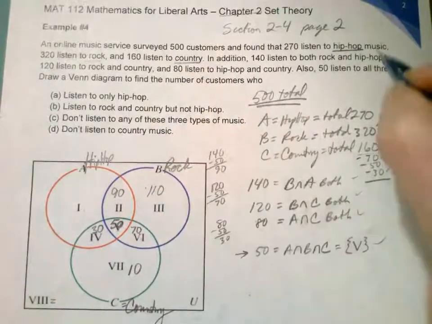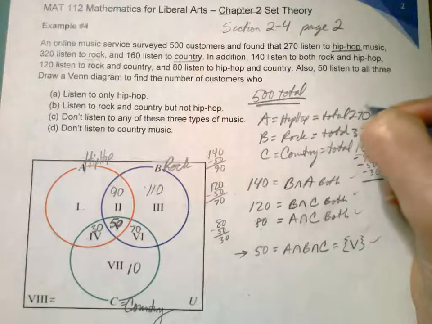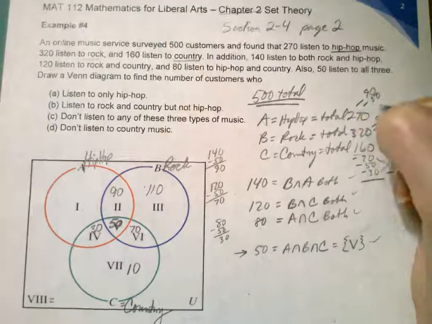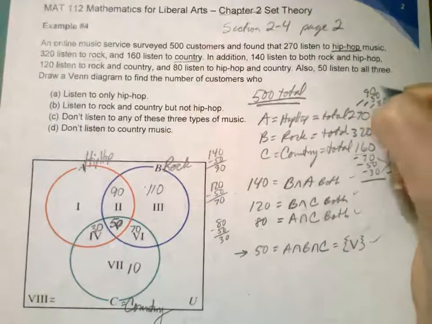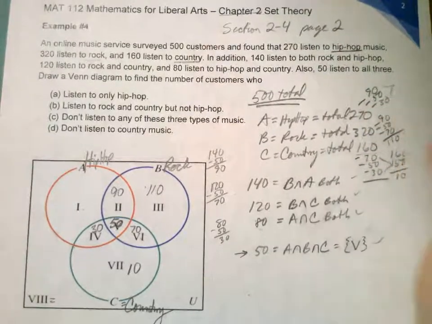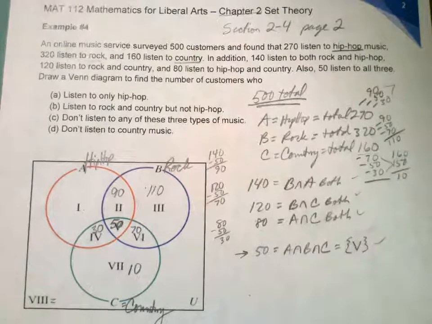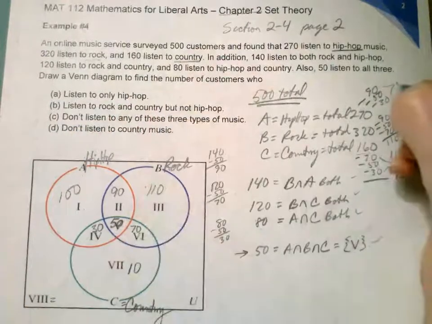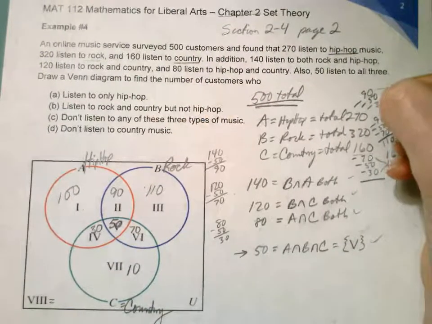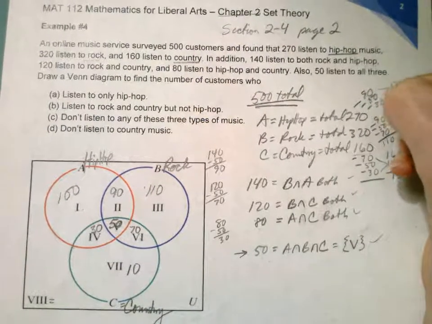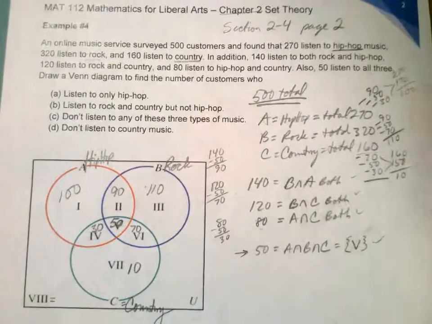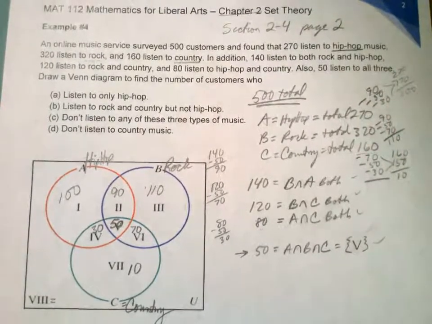All right, and then the hip hop, it's 270 minus 90 minus 50 minus 30. That's 170 minus 70. That's 100. Hoping that mental math came out right.